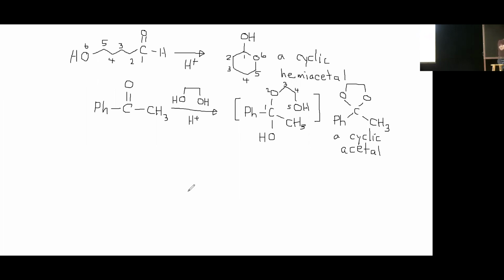I'll even put here a cyclic acetal. But this is not a different reaction. It's the same reaction, just a variation on it. So cyclic hemiacetals are a thing, cyclic acetals are a thing. And that's, I think, really all we need to say about that.